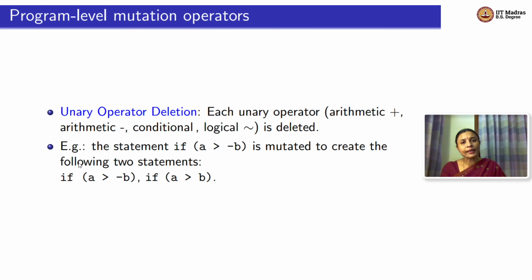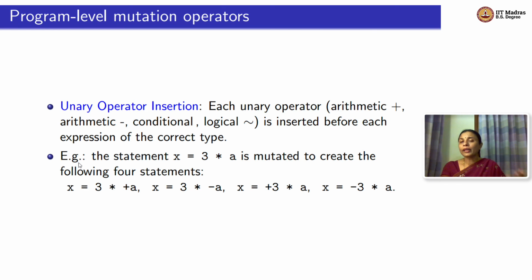If that statement has an arithmetic operator, replace the arithmetic operator if you suspect that's the statement you want to test for. If the statement has a relational operator, then you could replace it with the appropriate other operator that you want to test for. You could change variable references. So these are low-level, unit-level operators that are available as a part of the mutation testing tool for almost all standard programming languages.